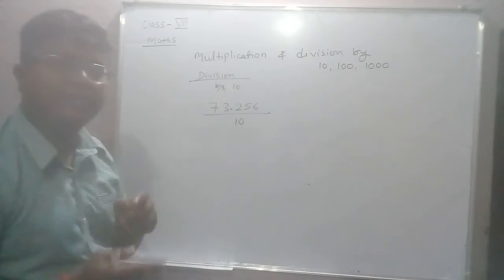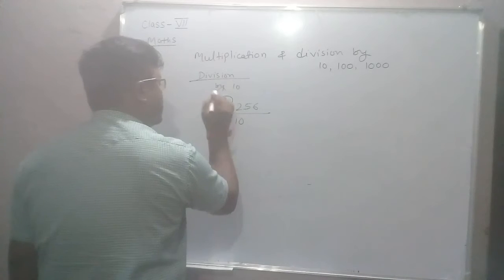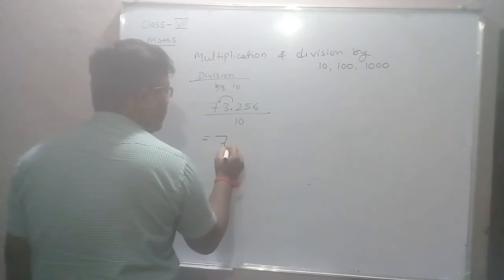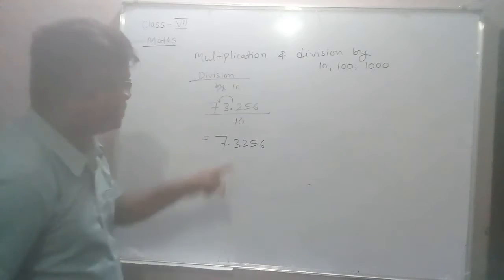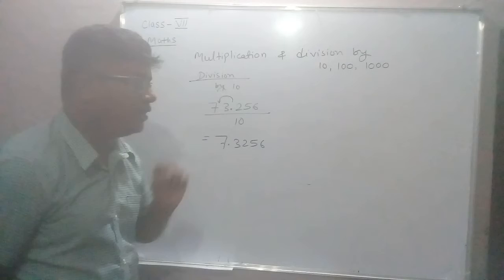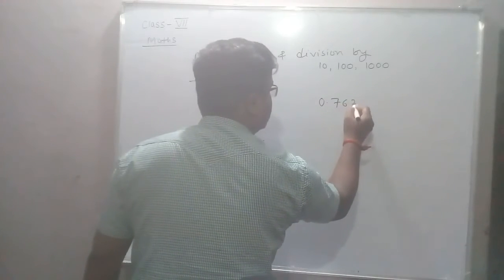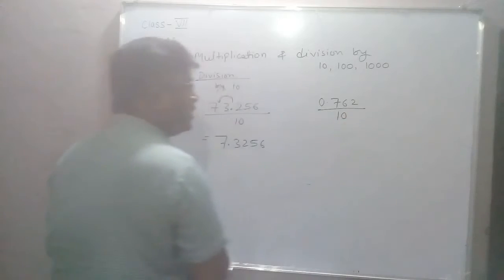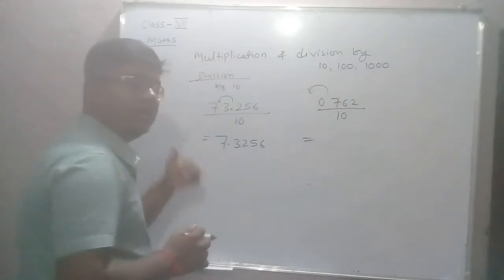In 10 we'll shift after one place towards the left, so you will get the answer 7.3256, just one place towards the left. Suppose here it is 0.762 divided by 10. Now you have to shift the decimal towards the left.